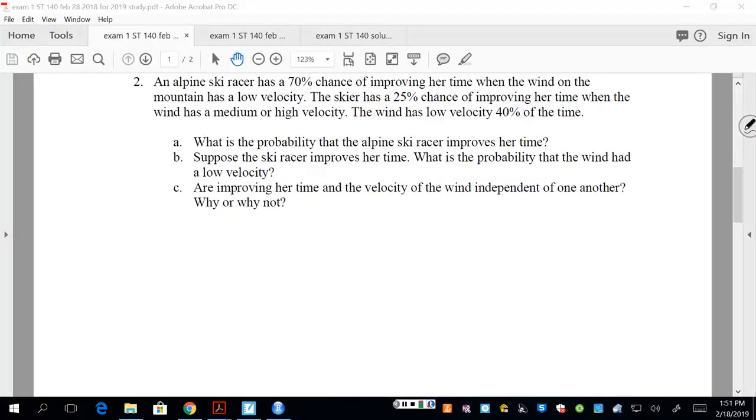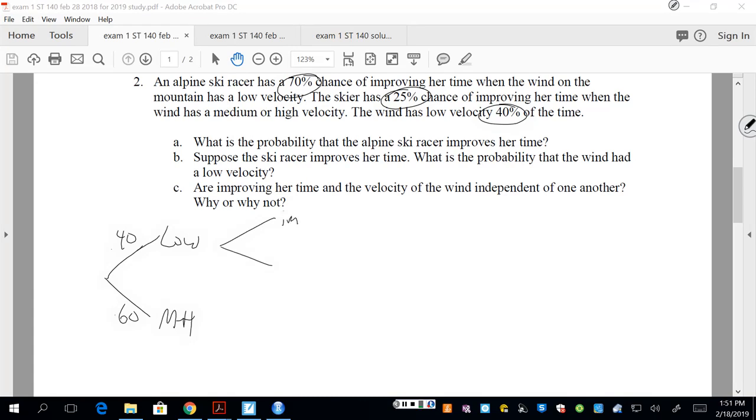So when you see one like this, you can circle these different probabilities that you need to have. Right. If that is easy, right? So the wind is low, or medium to high. 40% of the time it's low, so 60% of the time it's medium or high.